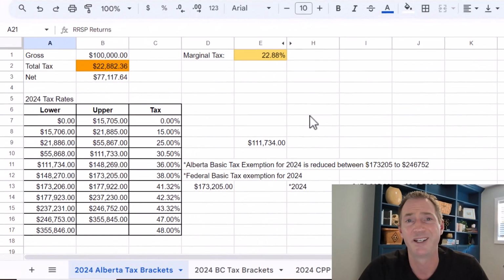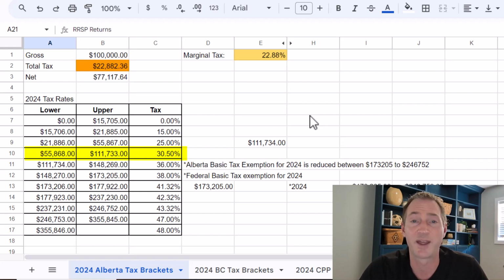So for example, here is the Alberta tax brackets. And so if you were an Albertan making $100,000 per year last year, you can see that you'd be in the 30.5% tax bracket. And so if you withdrew $10,000 from your RRSP, then the government assumes you made $110,000, the $100,000 salary plus the $10,000 you withdrew from your RRSP account.